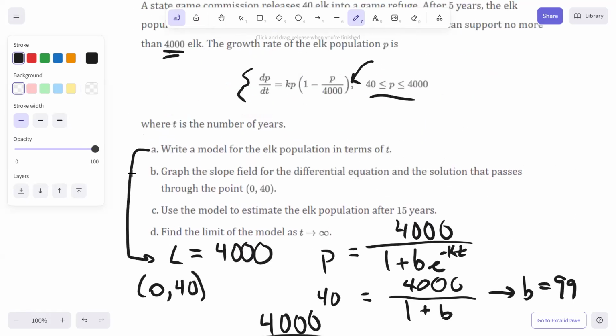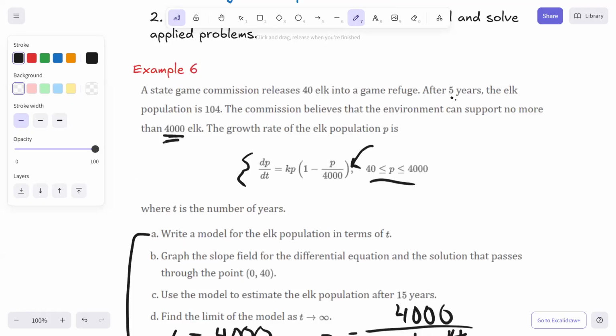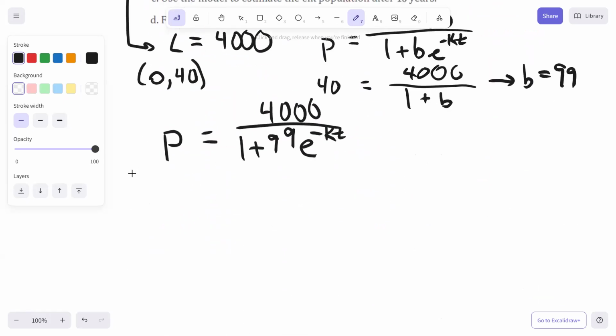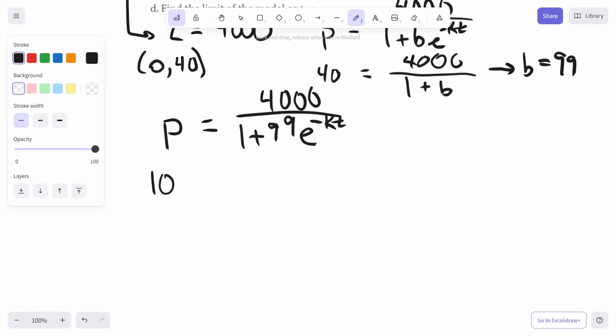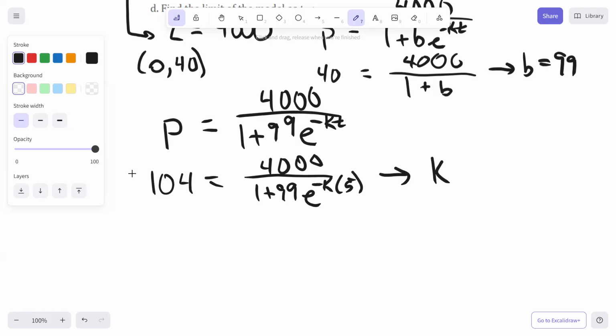The other piece of information they gave us was that after the 5 years, the elk population was 104. So in this case, we would set the equation equal to 104 and plug in 5 like this. So 4,000 over 1 plus 99 e to the negative k times 5. Now, solving this will give us a k value of approximately 0.194.